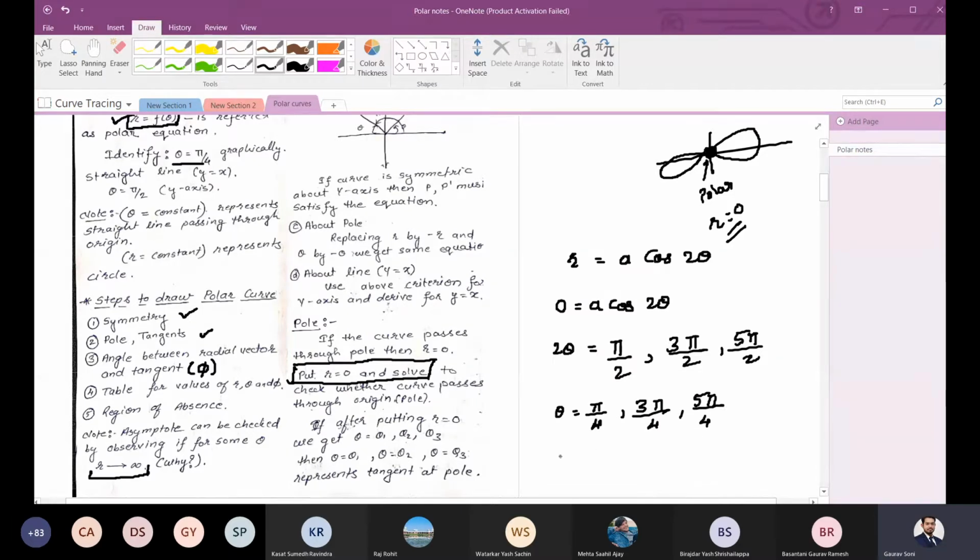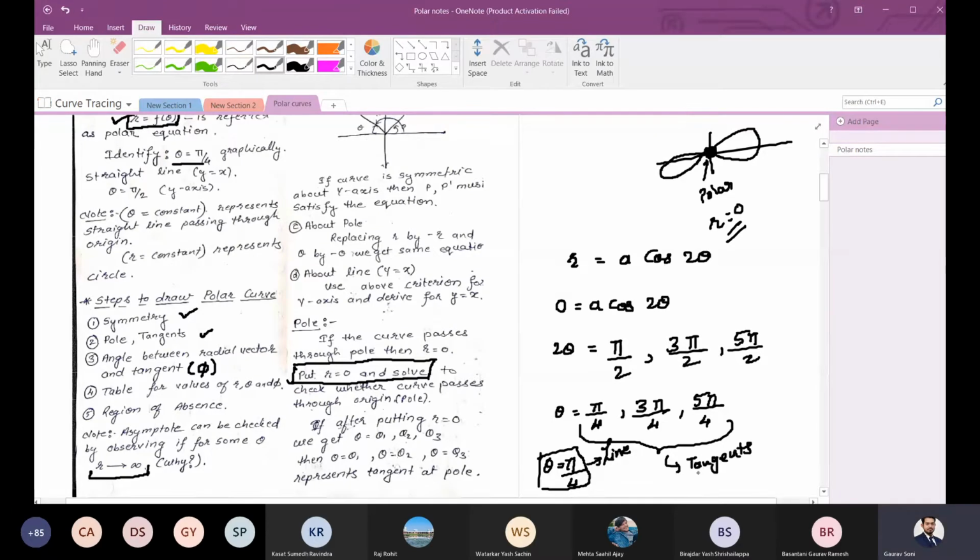What is theta equal to pi by 4? Graphically, it is a line in the polar coordinate system. So at theta equal to pi by 4 the curve intersects the origin, and theta equal to pi by 4 is a line. So these represent the tangents at the origin.